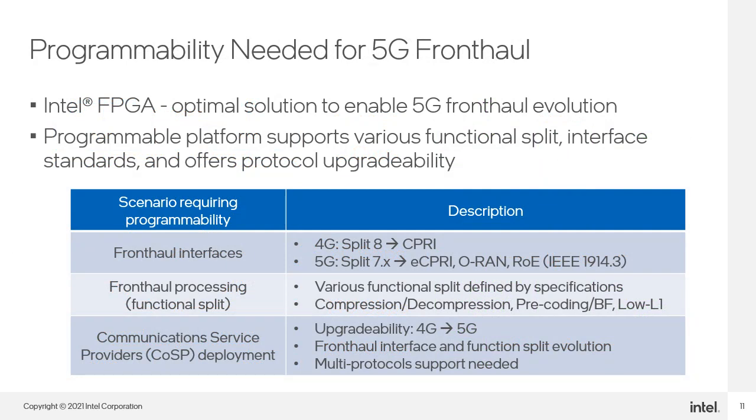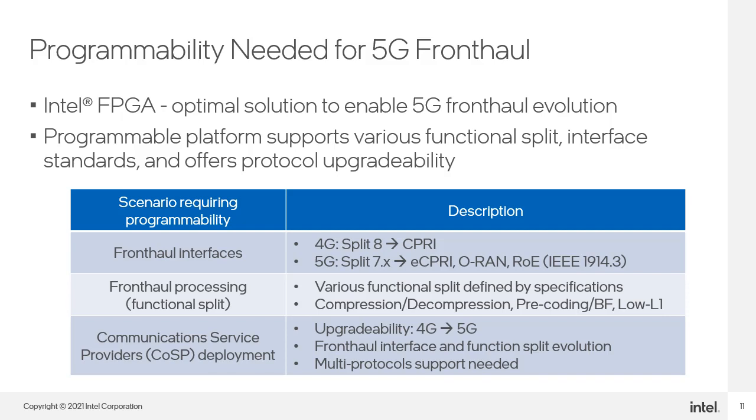The eCPRI Intel FPGA IP provides an excellent solution for your eCPRI needs. Pairing this IP with the FPGA's programmable fabric and its highly configurable high-speed transceivers, the FPGA provides a unique platform that supports various functional splits, interface standards, and upgradability.